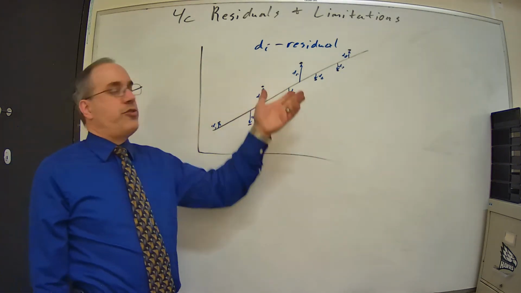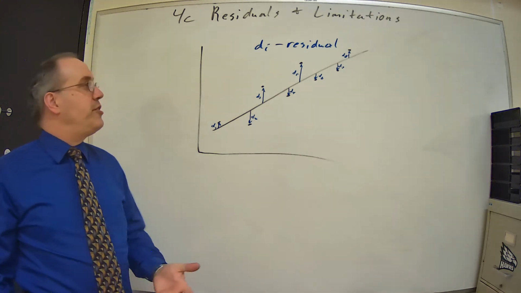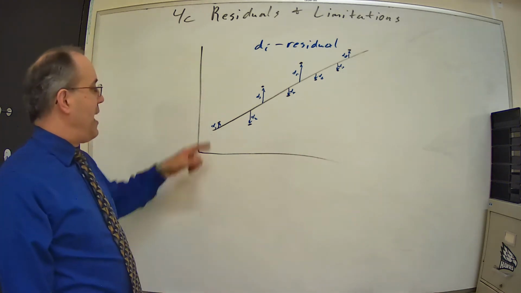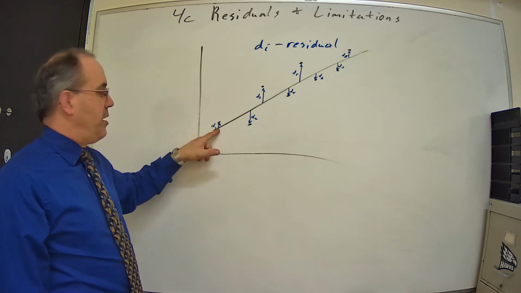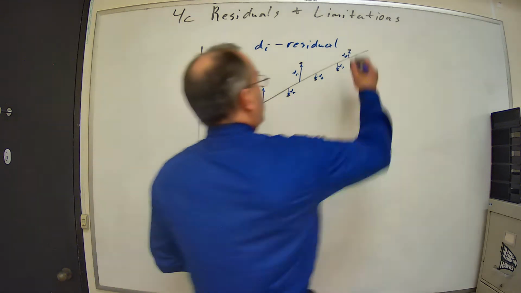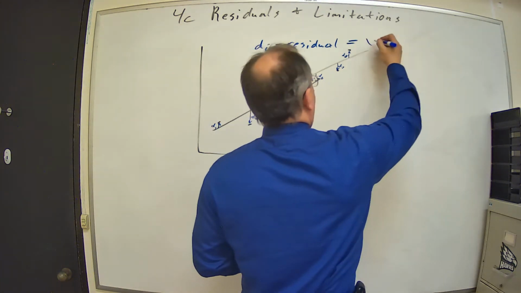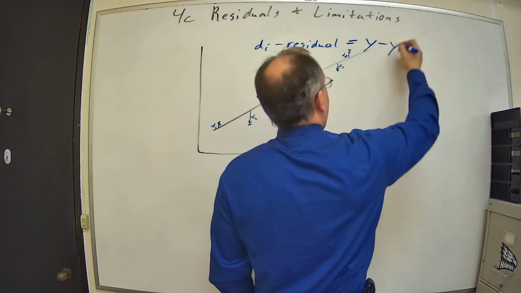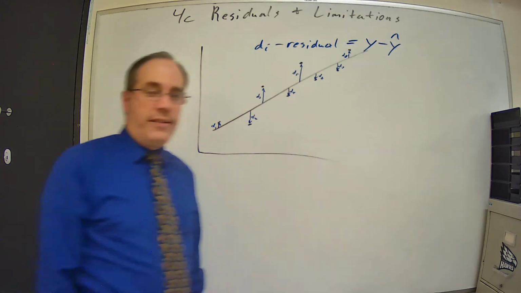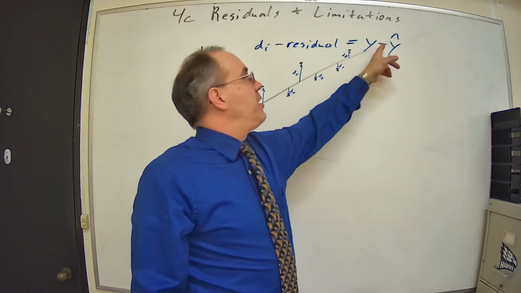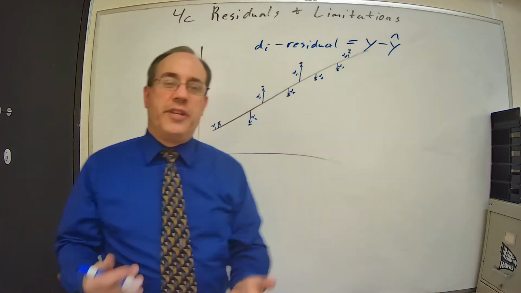A residual is the difference between the actual data value and the predicted value. So that's equal to y minus y hat: the actual data value output versus what we predicted to have happen.